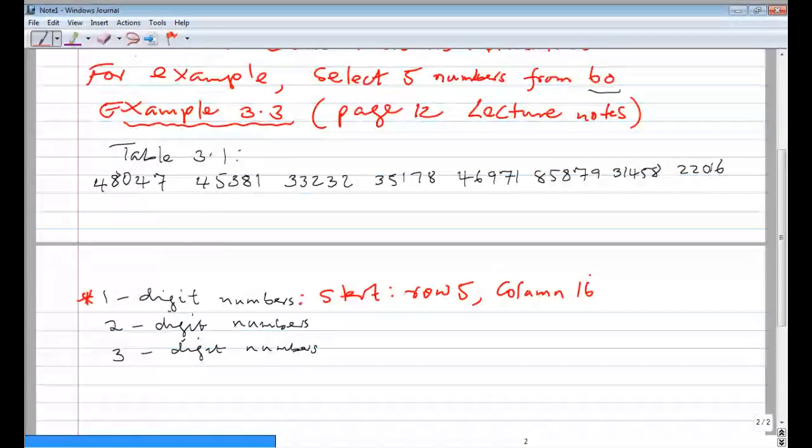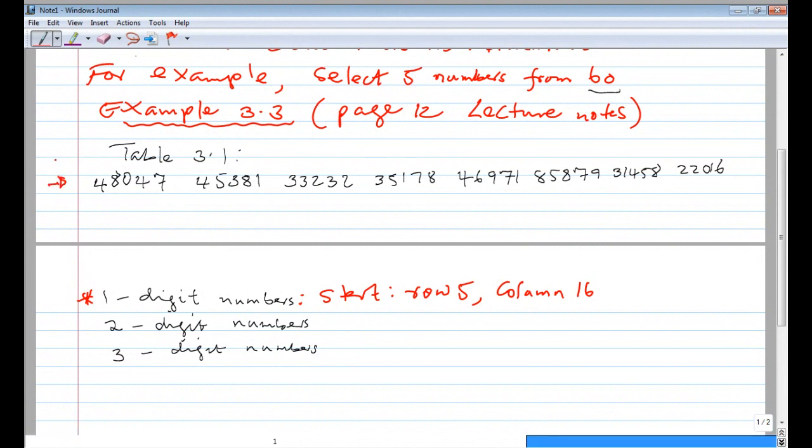This is where we're going to start to draw the 5 numbers using 1-digit numbers. Like I said, this one is our first row, but our starting point is from row 5. If you check the table, row number 5 starts at, counting 1, 2, 3, 4, 5, row number 5.